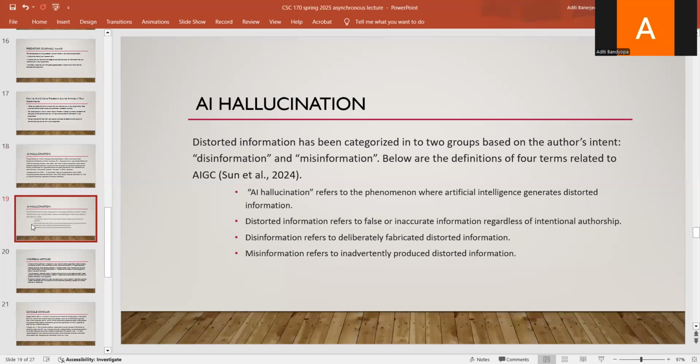Distorted information refers to false or inaccurate information regardless of intentional authorship. Disinformation refers to deliberately fabricated, distorted information by its creators. Misinformation refers to inadvertently produced distorted information by its creators.